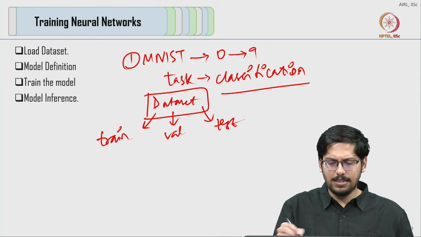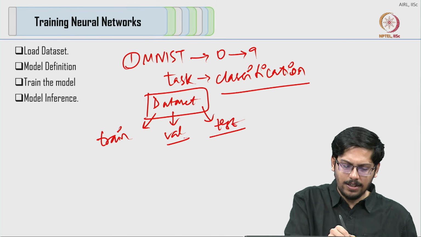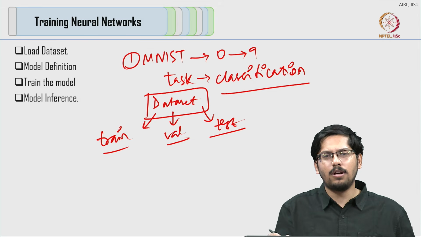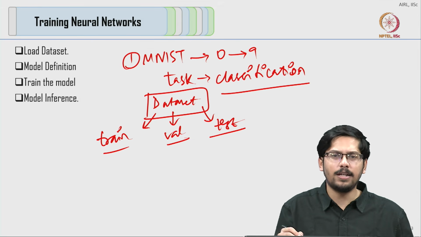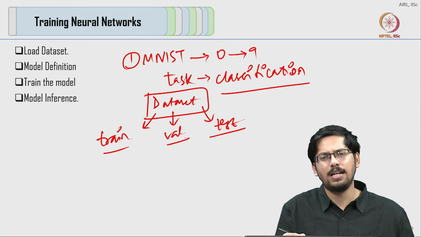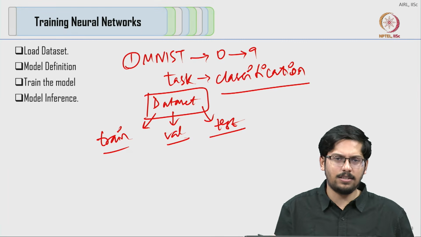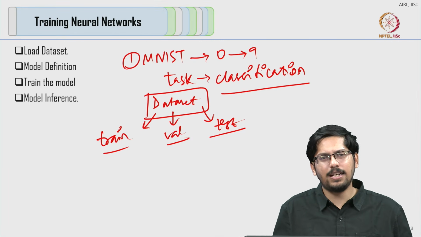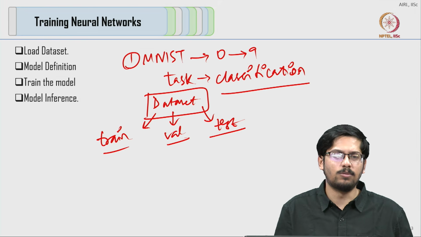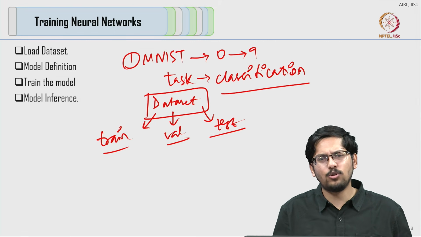For standard data sets, these splits are well defined. A common approach is to take the train set, break it into 80%, 20% of the data set, and then define your train and val sets. And again, in later lectures we'll go into why this may not be the most optimal way. But for now, let's focus on this.